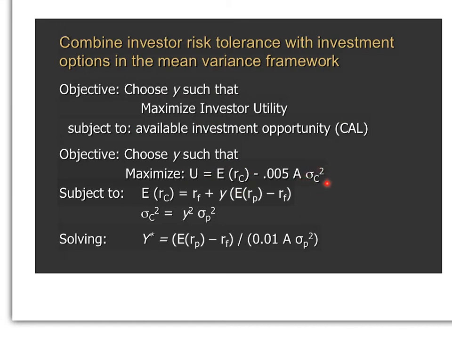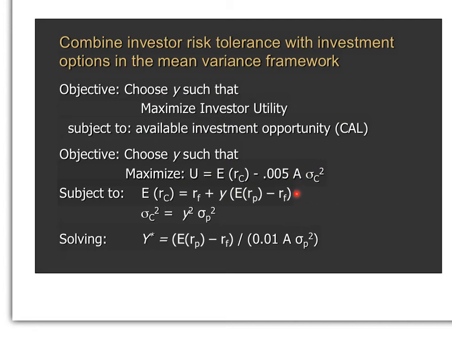And the scaling factor here is represented by the coefficient on risk aversion A, which picks up the risk profile of the investor. The investment opportunity set is the capital allocation line, represented here by the expected return and the variance function.